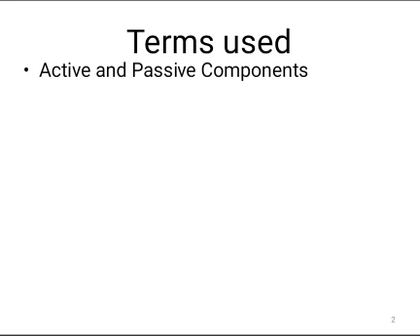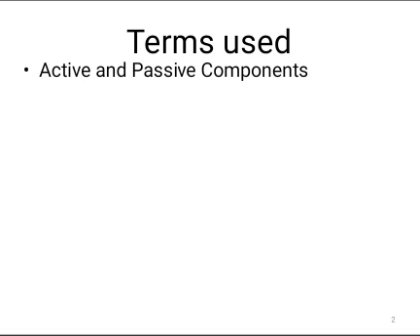Active components are those components that can process themselves and perform functions like rectification, amplification, etc. Examples: voltage or current sources, semiconductor diodes, transistors, etc. Passive components are those that cannot process themselves and cannot perform functions like rectification or amplification, but they absorb or store electrical energy.